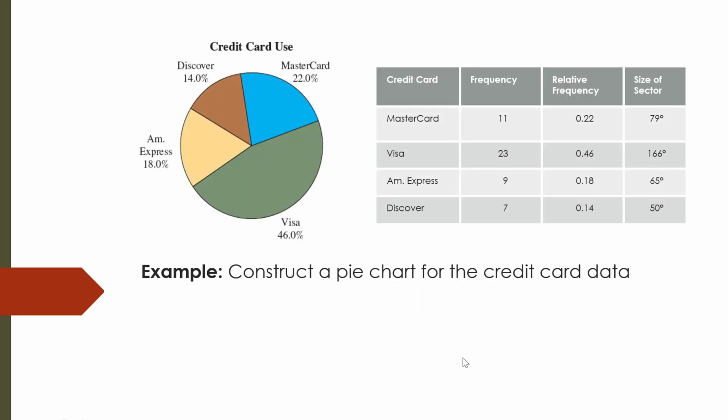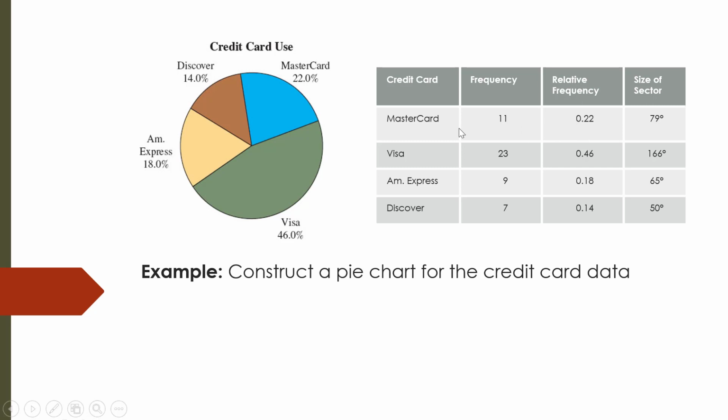So for example, if we want to construct a pie chart for the credit card data, next to the column of relative frequency, we insert another column. That is the angle column. So here we have the angle corresponding to the relative frequency. For example, this relative frequency is 0.22.